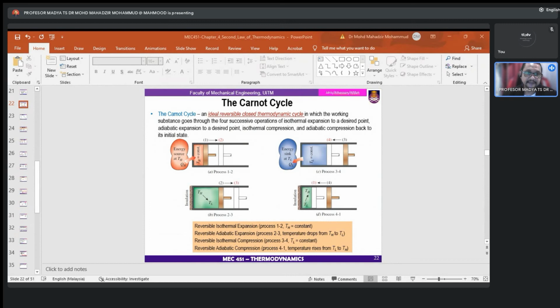These statements form the basis for establishing the thermodynamic temperature scale, related to the heat transfer between a reversible device and high and low temperature reservoirs by the formula QH over QL reversible equals TH over TL.